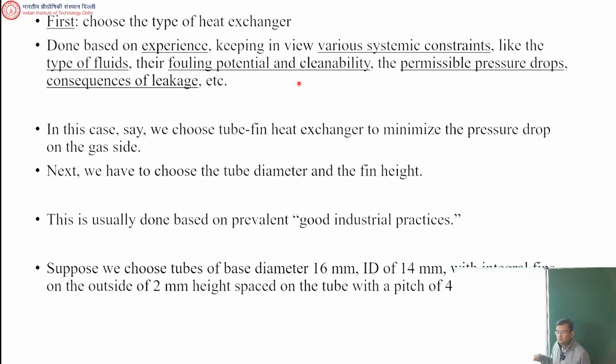The fluids are moving through the heat exchanger, so pumping is involved. Pumping the fluids, like if there's a gas, maybe some blower. If there's a liquid, there's a pump. Things like that. So that costs money. That's part of the recurring cost, isn't it?